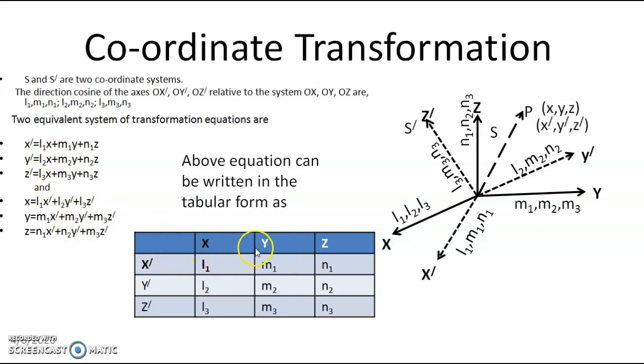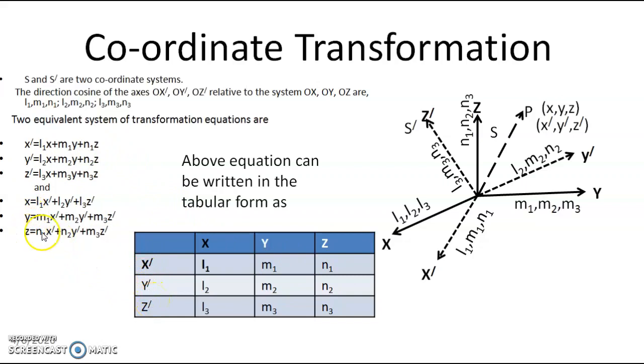In this table, you write x, y, z, and x dash, y dash, z dash like this, and the direction cosines: for x, L1, L2, L3; for y, M1, M2, M3; for z, N1, N2, N3. Then you can easily get the first equation. Suppose you want to find x dash, then x dash is equal to L1x plus M1y plus N1z. Similarly, you will find the other equations for y dash and z dash also.